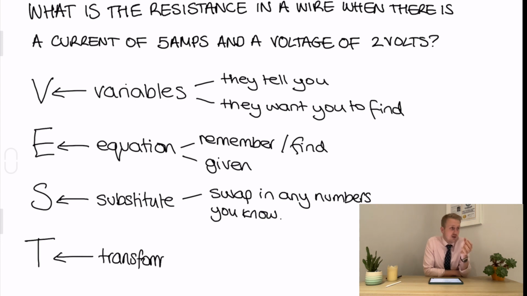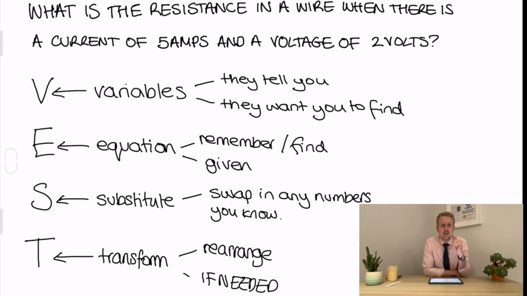Transform, I like to think like transformers, is this idea of they rearrange themselves into different things, and here they are asking you to rearrange the equation. It's not always necessary though, it's only sometimes needed, so you just need to make sure that you know what you're doing on that one. So that's what each of the four different parts mean.